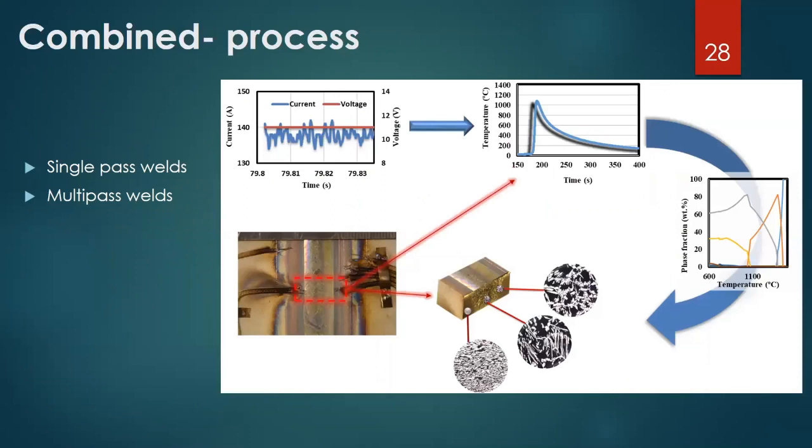In addition, you can also have a combined process. So, for example, in the figure, you see you have a plot, the voltage and the currents, and you come to the results for temperature, in welding, for example. Then you come to phase fraction, and you come to this result.